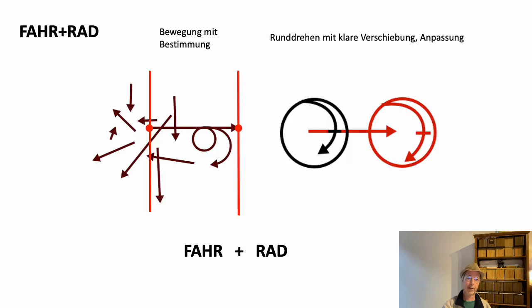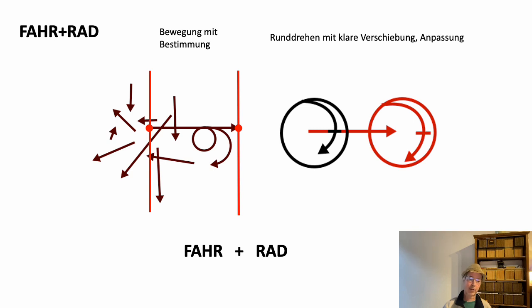So now we combine Fahr and Rad. The Fahr is then the direction, the whole range or space of the movement, and that connects itself, let's say, to the ground, to a plan, to whatever it is, connected with the wheel that is turning and going in a direction. In fact, it's almost the same as the literal meaning.